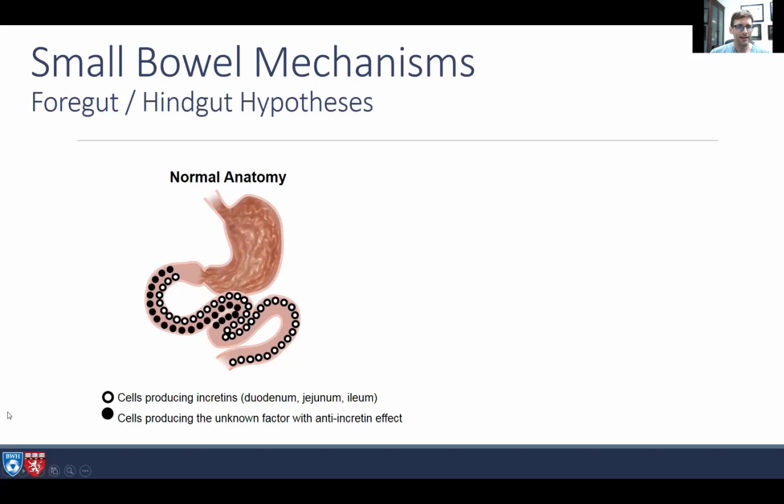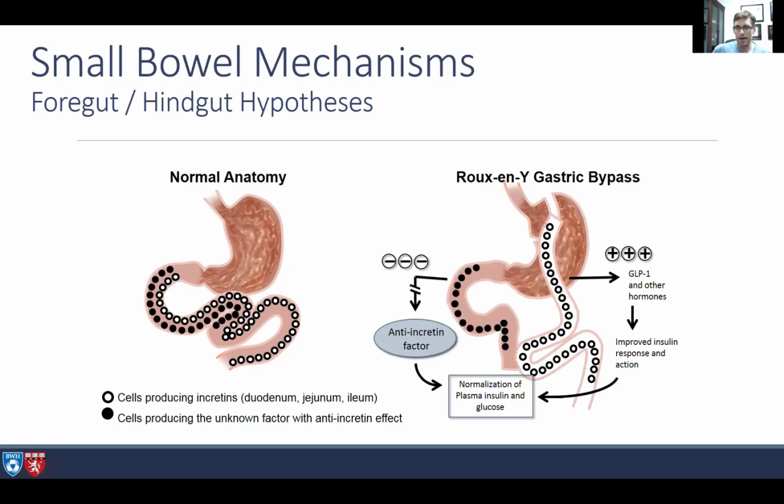And then the black dots represent an anti-incretin effect. Now, it might not be a cell producing anti-incretins, but the concept here is that there is a balancing force at play that prevents people from becoming hypoglycemic, okay? And a gastric bypass affects both of these. It upregulates the incretins and downregulates the hypothesized anti-incretins, all right?